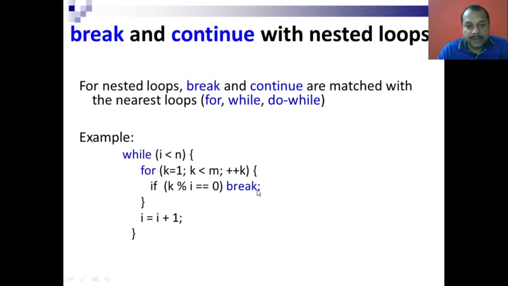Now if there is a break, and I assume that for a value of k and i this expression is evaluated as true, then this break statement will be executed. It will break from the for loop, but it will not break from the while loop. Please remember that one.